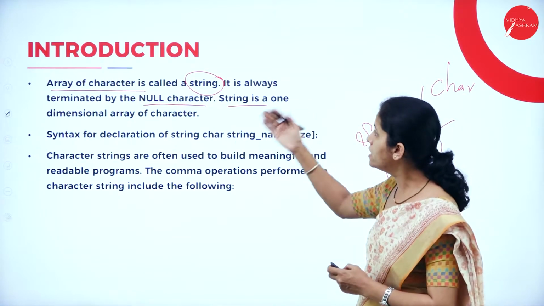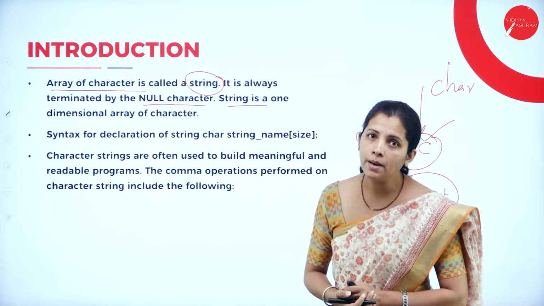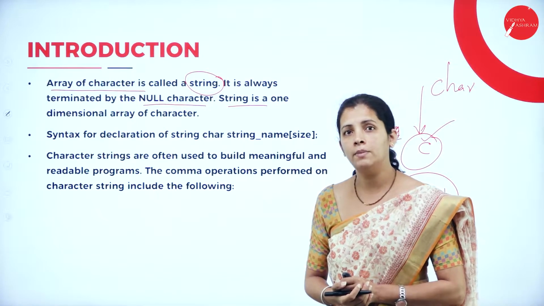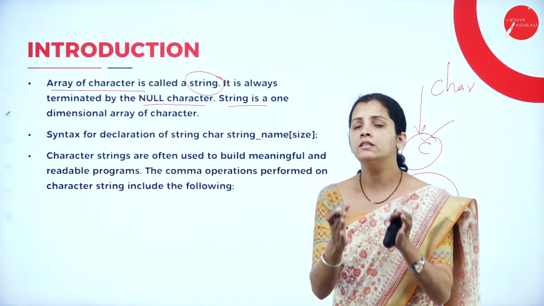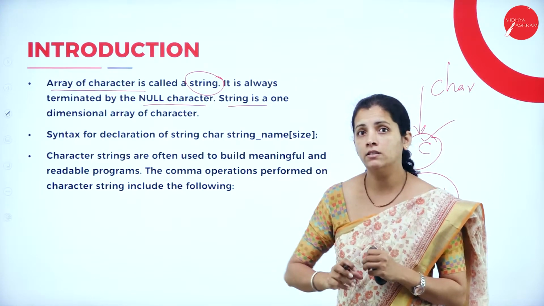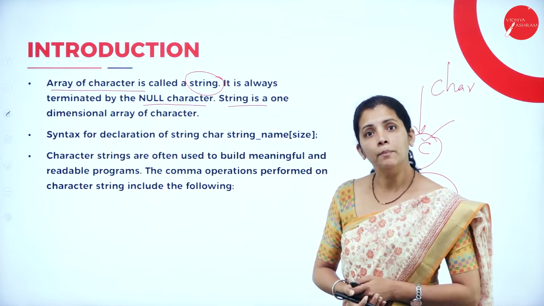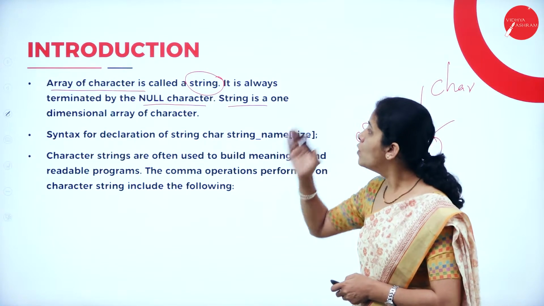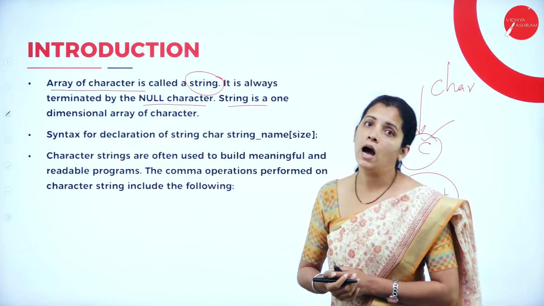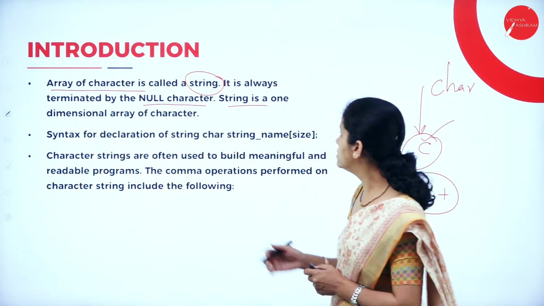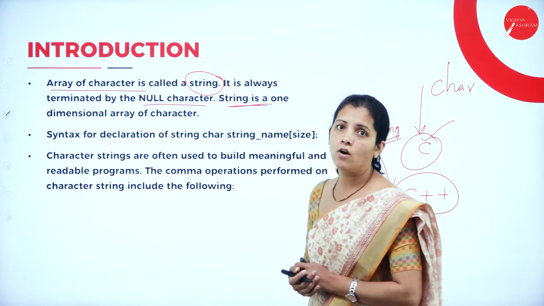That means here we can use only a one-dimensional array. Means what here? That is of type character. I cannot have integers because I have only characters. So I can have an array of characters. So a string is a one-dimensional array of characters.